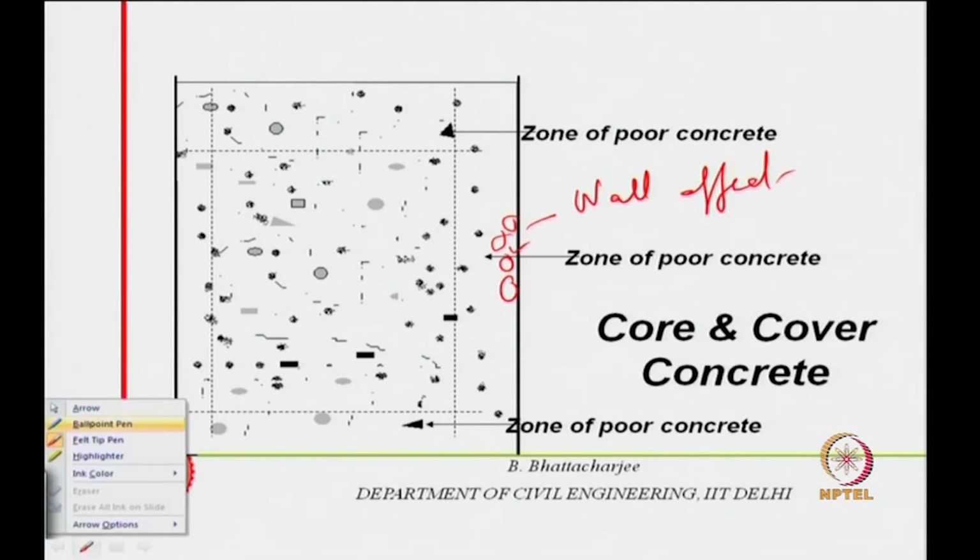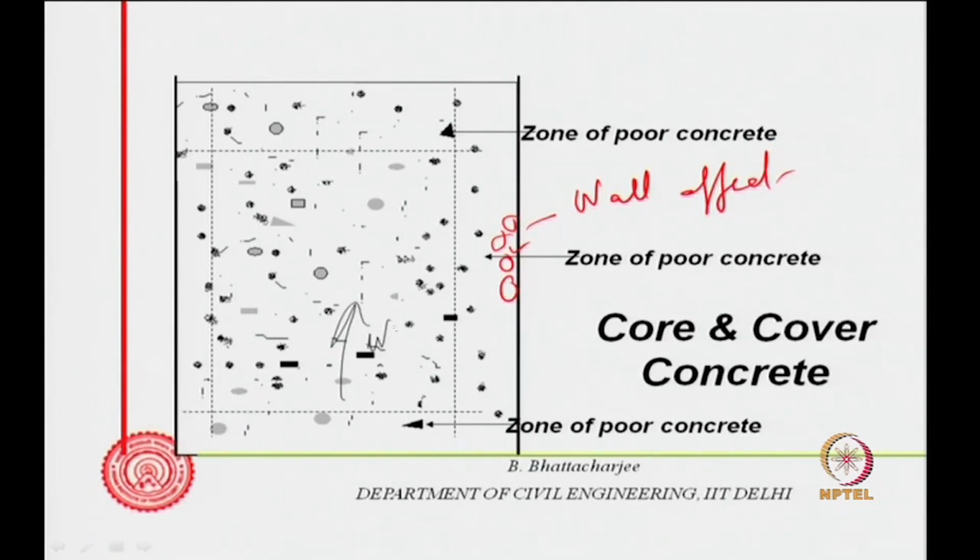Water has a tendency to go up. So, maximum bleeding would occur here. Even when you do vibration, water has a tendency to come here. So, therefore, this is the zone of poor concrete, with water cement ratio maximum here and minimum here. Cement has a tendency to come down, water has a tendency to go up.